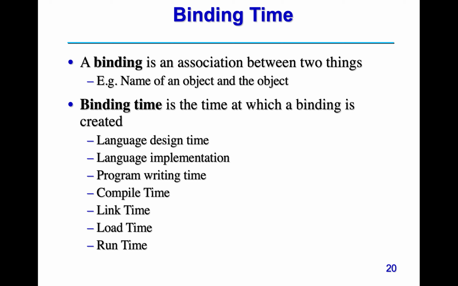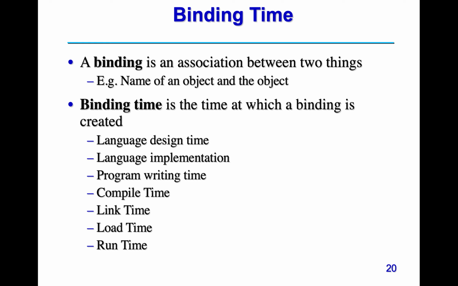As we've seen back when we were studying the compilation and static compilation process, the binding time could take place at language design time, like when we're building a new compiler, from language implementation time, when we're putting the pieces together and creating the environment for the programmer to write the code, from program write time, that's when the programmer actually writes it, to compile time, when they are compiling it, to link, to load, to run. So these are various times that bindings could occur.